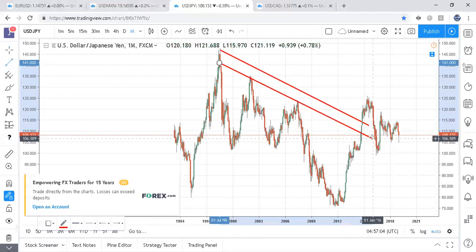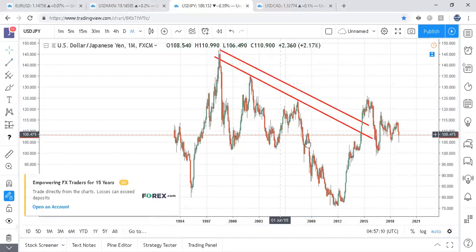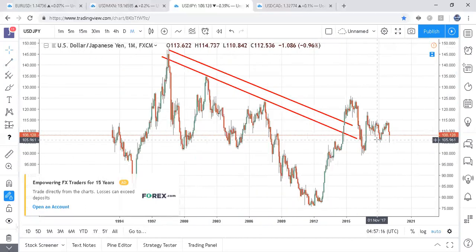USDJPY is really good at this triple top. Really good all throughout this whole market in time frames.